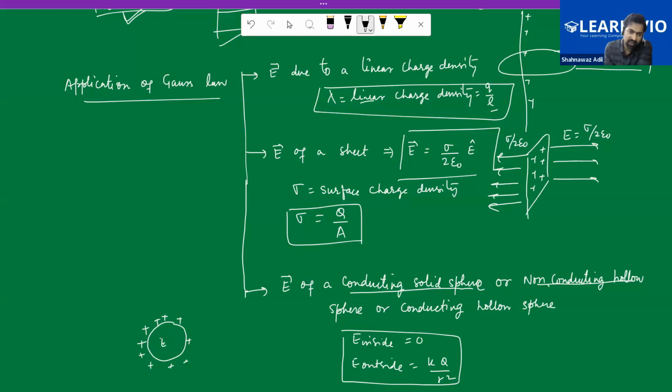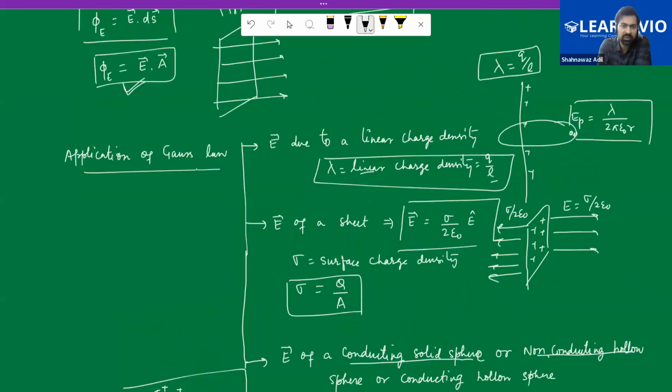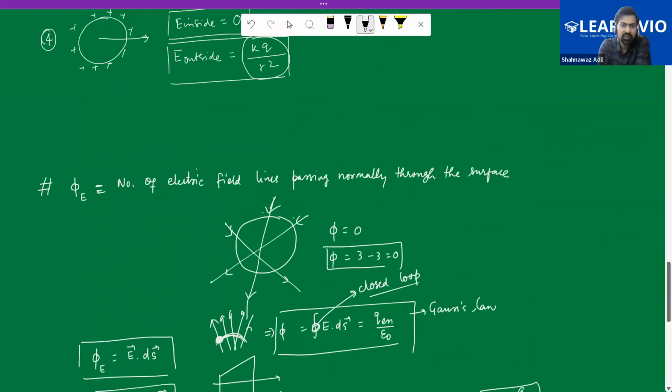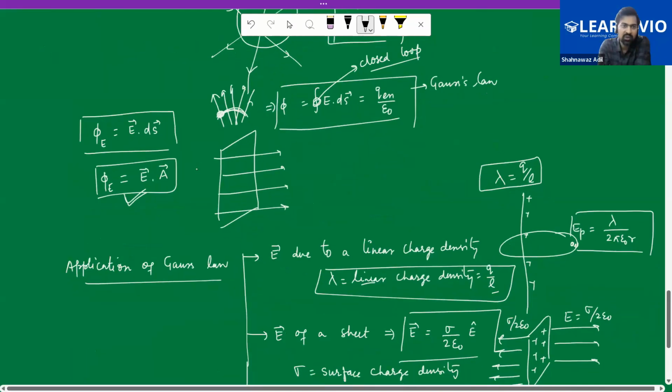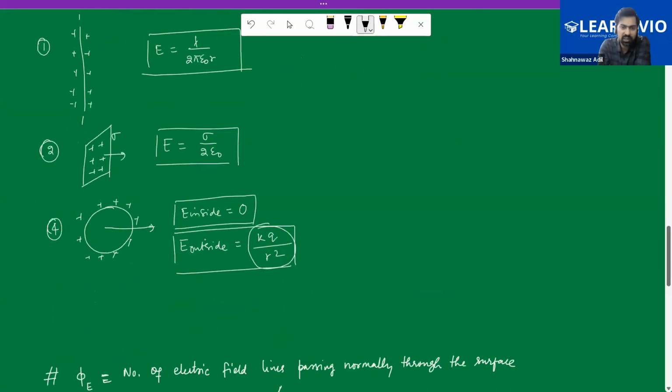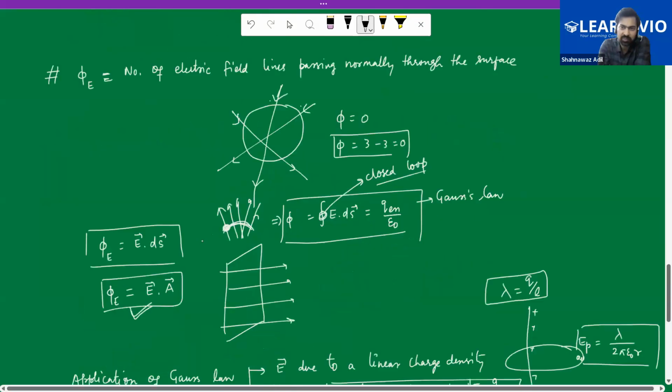E inside would be 0, E outside would be KQ by R. Right. So these are the things that we need to remember, and then we will do some questions based on this, right? So next class, we will use all these ideas and then we'll do questions, right?